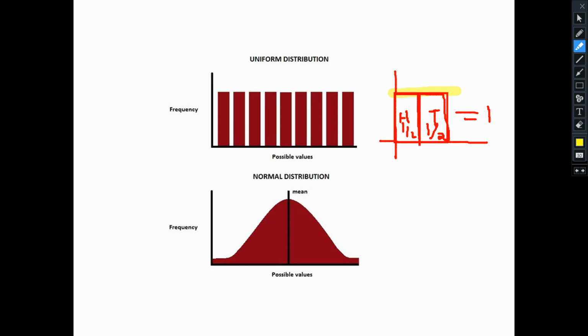Whenever you flip the coin, the probability of getting a head or a tail will always remain 50% or half. It is never going to change. When you flip it once, the probability is 50% for tail and 50% for head. When you flip it again, the probability of getting a head or a tail is again 50%. It does not change.